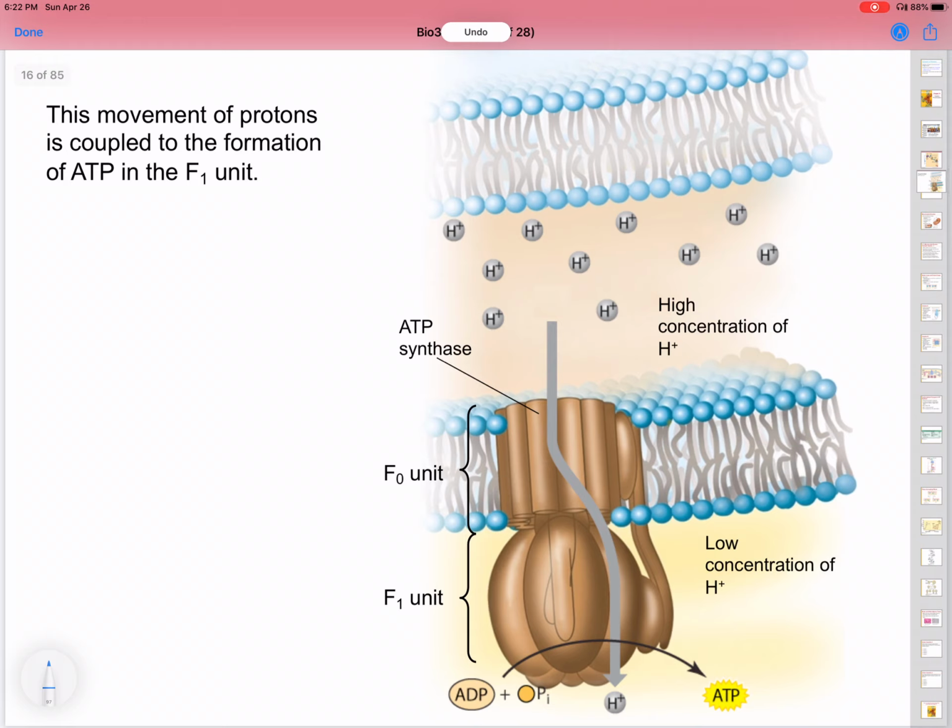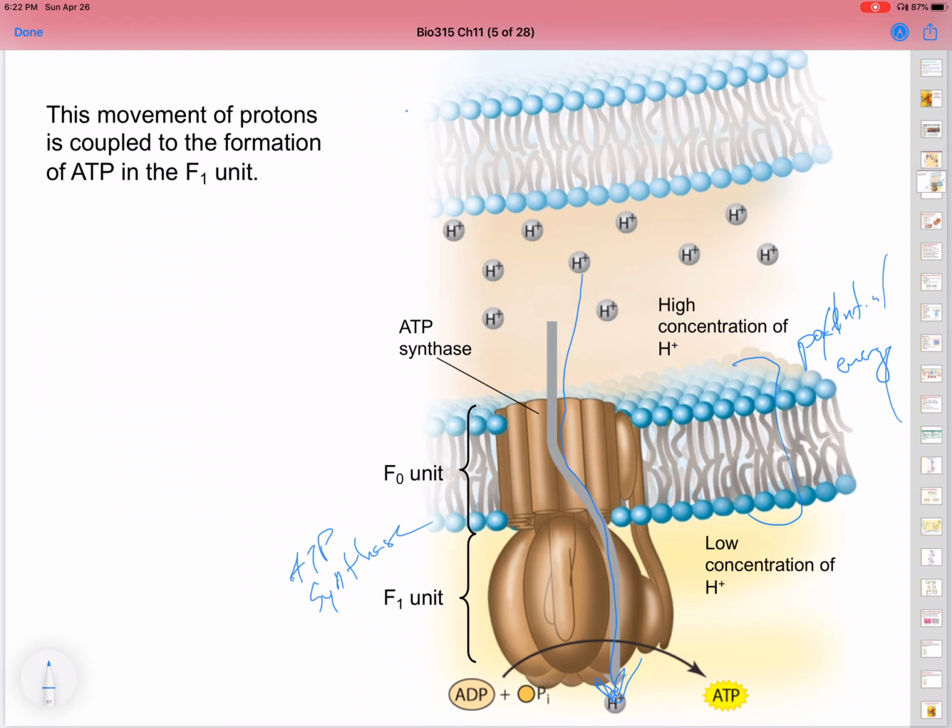Now that we've built this gradient, there's potential energy here. And we can use that energy with the downward flow of these protons. So these are protons going back into the matrix. We can use that energy to drive the production of ATP from ADP via the enzyme ATP synthase.